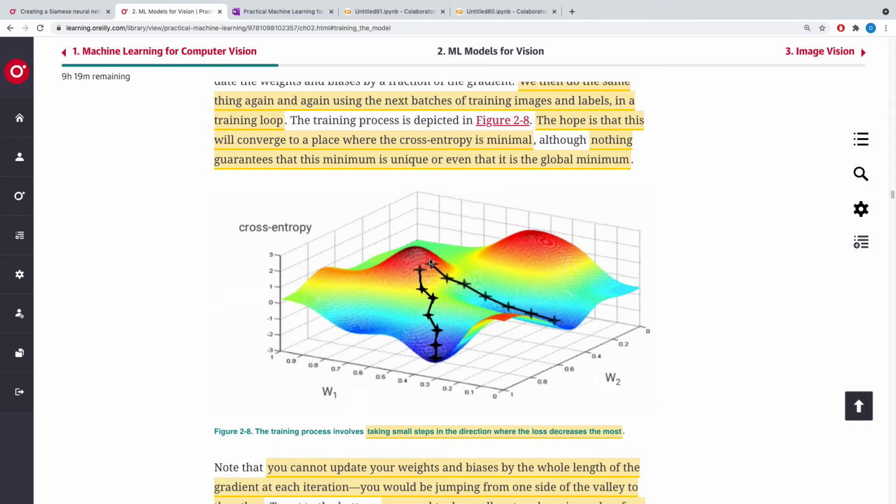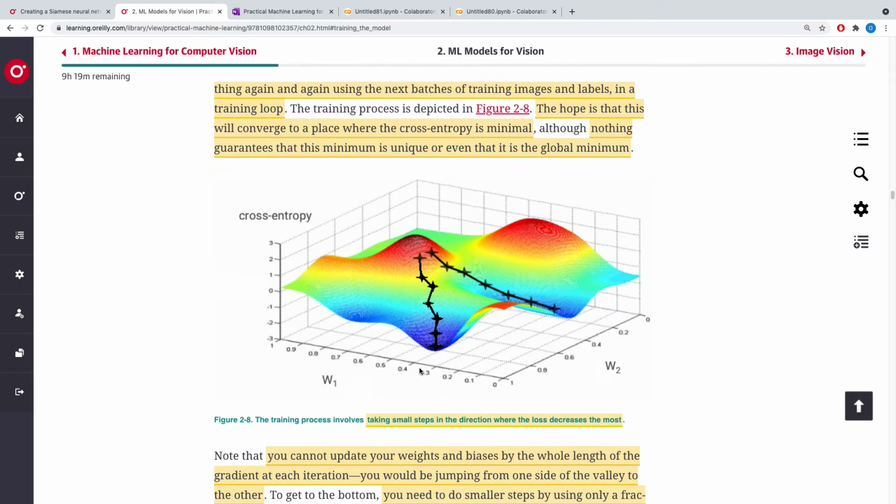So if you need to go from here down to this place or to this place, it's reasonable that you go step by step. If you just take a big step from here, you might go into this, and you take another step, you might keep going, and you might never be able to get here, because it requires a smaller step to go in the direction of the global minimum.